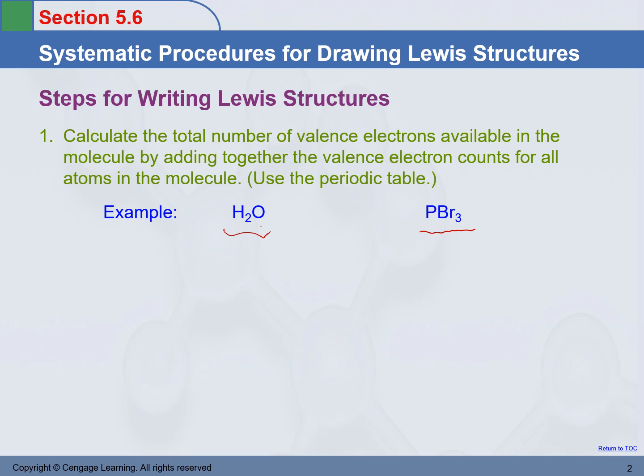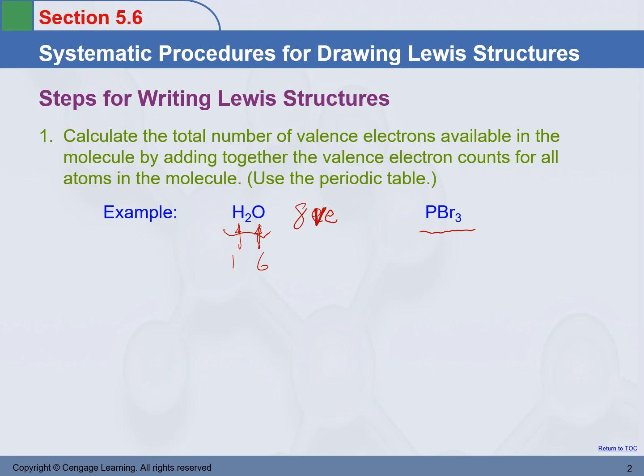Water, oxygen atom. Oxygen is in column number 6A. It has 6 valence electrons. Hydrogen is in column 1A. It has 1 valence electron, but there are 2 hydrogen atoms. So altogether, 6 plus 1 plus 1, water has 8 valence electrons.